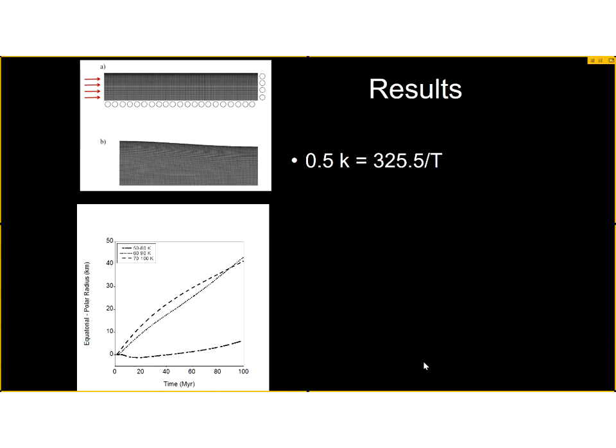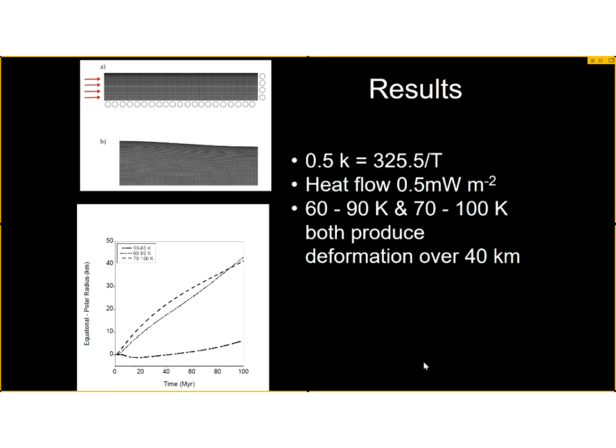And what you'll see is that 2 of my models here can produce deformations of a little bit over 40 kilometers, and one of them, this 50 to 80, produces a little over 5. So suggesting that this lower heat flow is pretty sensitive, so there's a fairly narrow range.